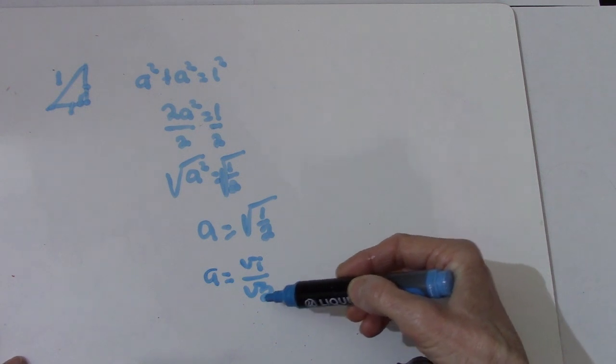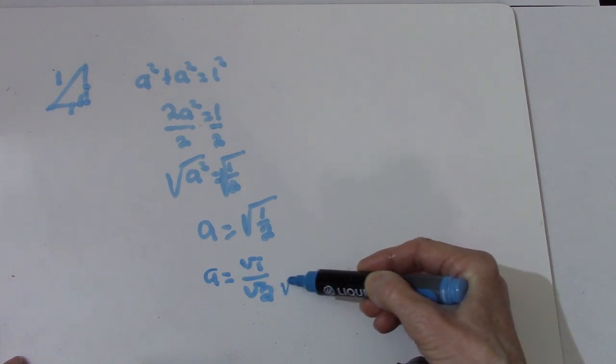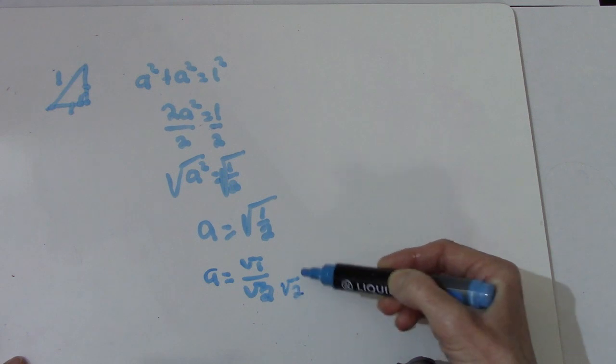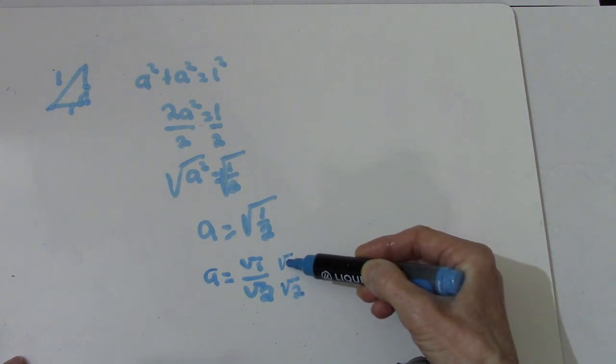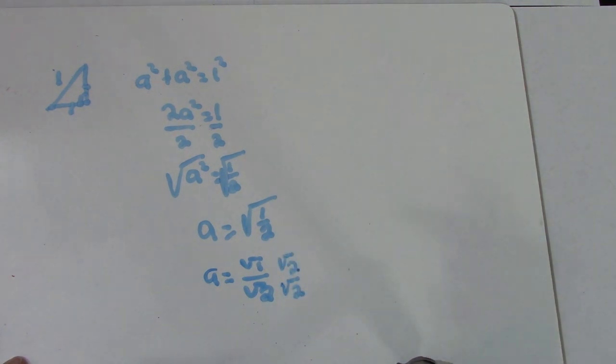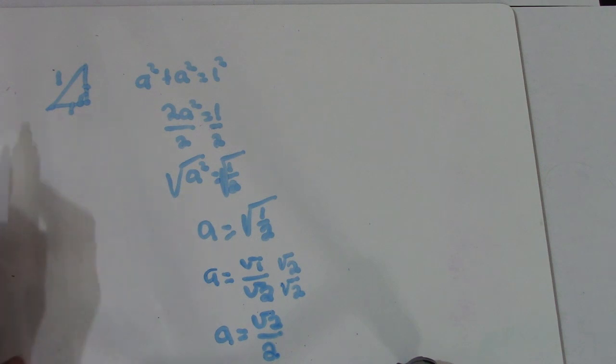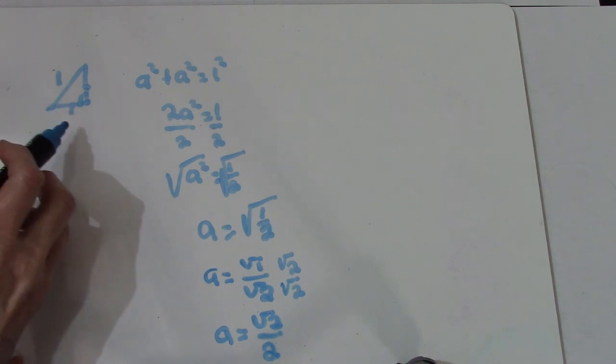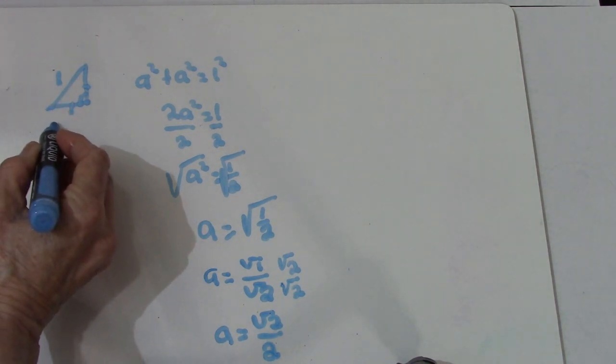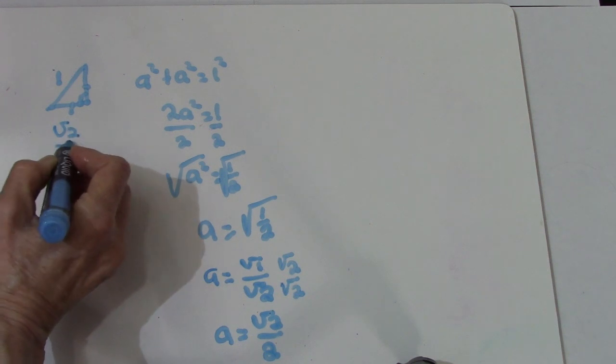But what we're going to do, so we don't have a square root of 2 in the denominator, is multiply both the numerator and the denominator by the square root of 2. And what that gives us is that A equals the square root of 2 over 2. And so when the hypotenuse is 1, then each side is the square root of 2 over 2.